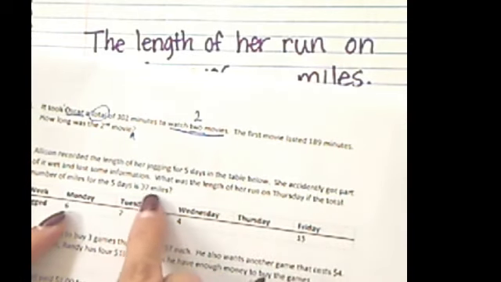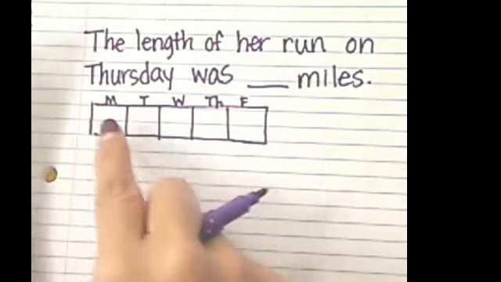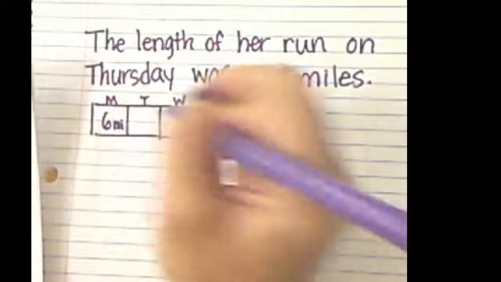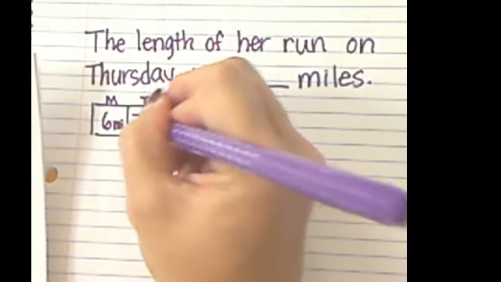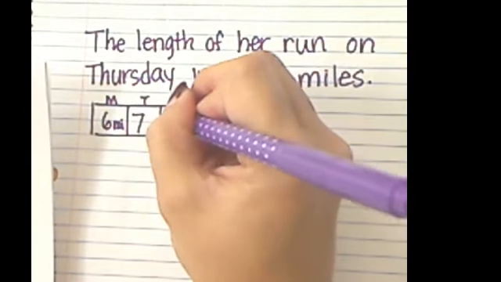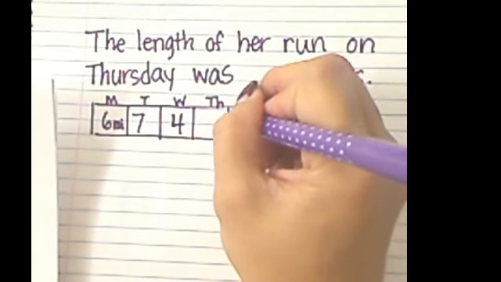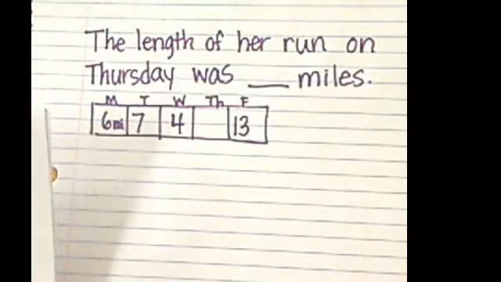Sometimes the problem will give it to you. So in this case, it gives us the total, and then we have to find the missing piece. On Monday, she ran 6 miles. Tuesday was 7. Wednesday was 4. Thursday, we don't know. Friday, she ran 13 miles.